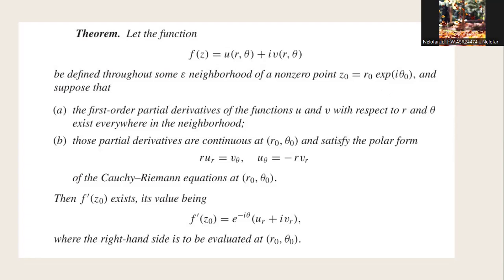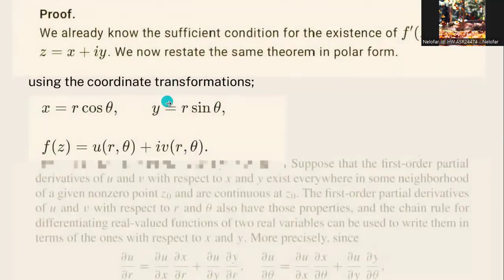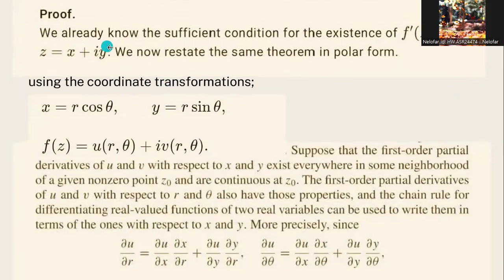All the other conditions are valid, and the derivative exists for polar form too, and its value being this, and this value can be evaluated by some algebraic manipulations. So let's start with the proof.